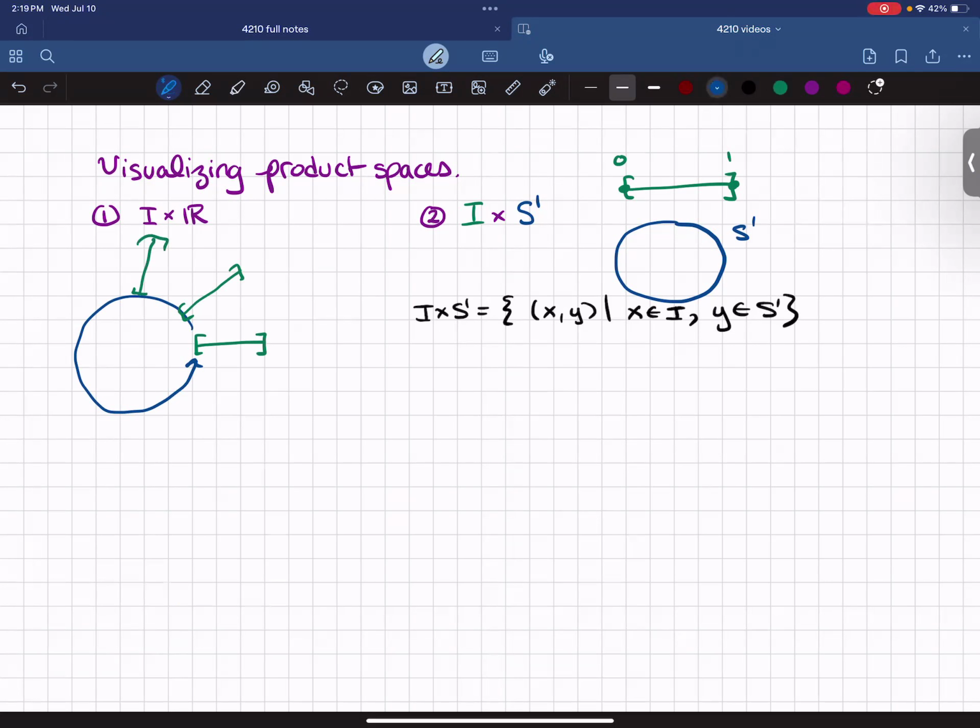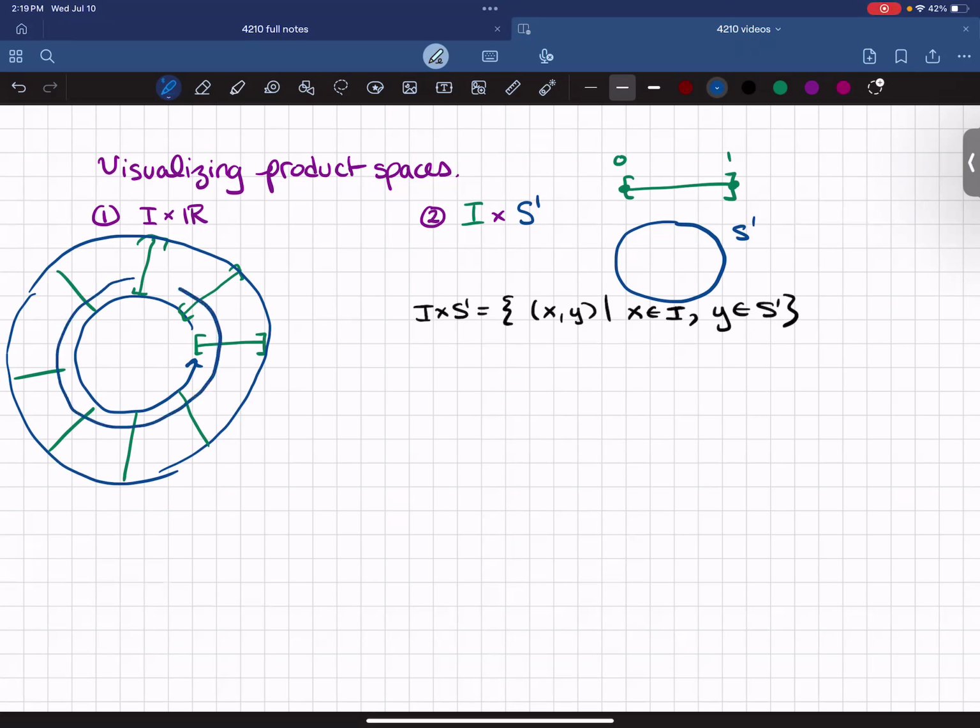So a way of thinking about that would be to think about I cross S1 as being this annulus. It's my little pineapple ring here. Something like that. Okay.